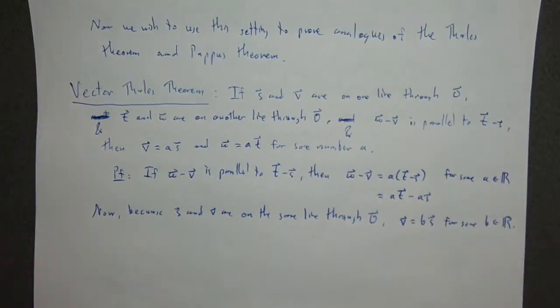That's what it means to lie on the same line. The line through 0 containing a vector is defined to be the collection of all scalar multiples of that vector. Of course, this is assuming the vectors are non-zero, right? We're not in a degenerate case here.